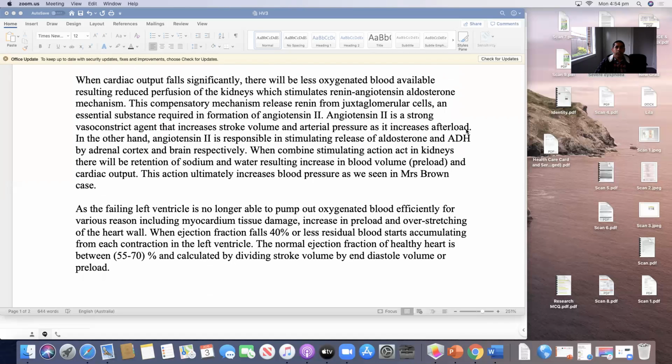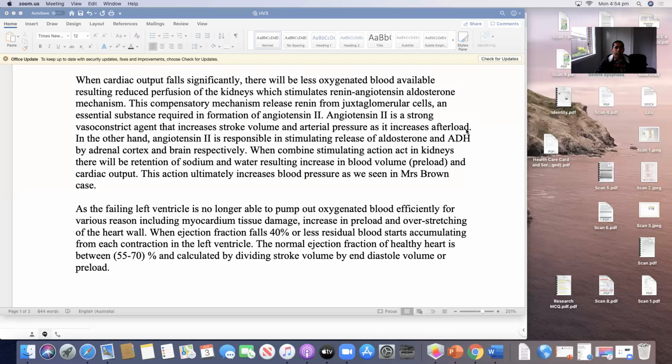On the other hand, angiotensin II is responsible for stimulating the release of aldosterone and ADH by the adrenal cortex and brain respectively. When combined, the stimulating action acts in the kidneys, and there will be retention of sodium and water, resulting in an increase in blood flow and cardiac output.